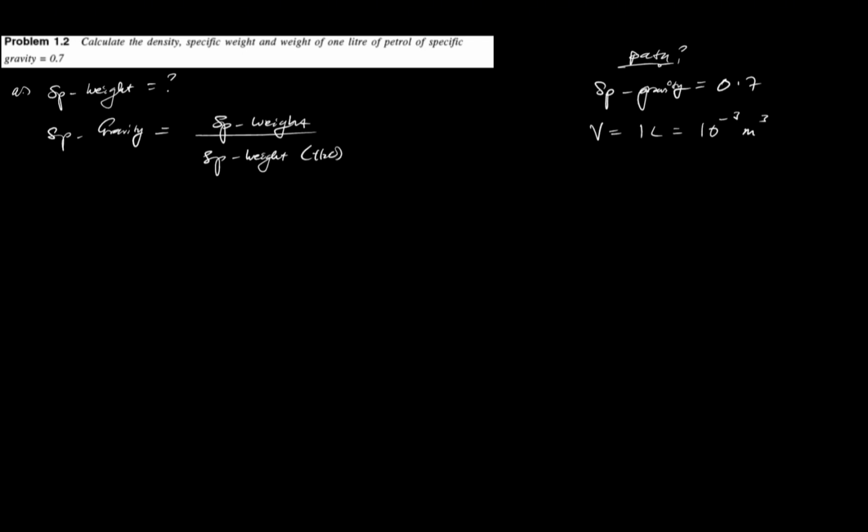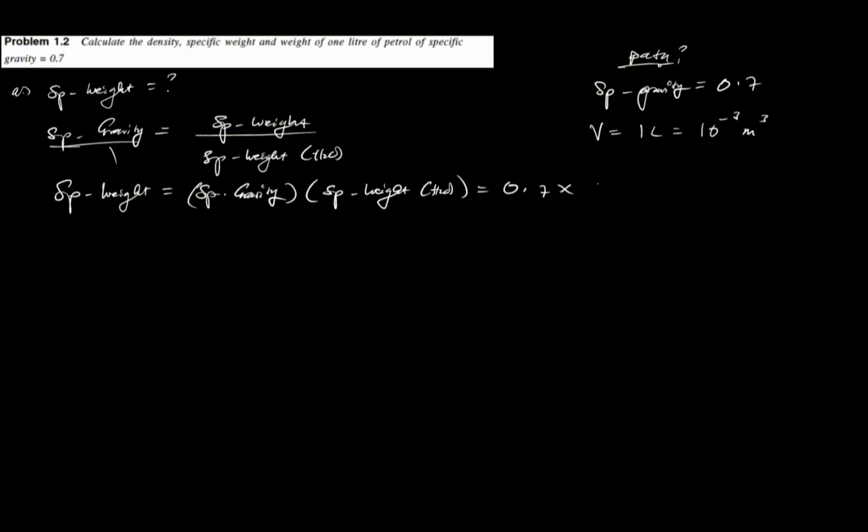Now, to find the specific weight, all we have to do is cross multiply, and you have the specific weight being equal to the specific gravity of petrol multiplied by the specific weight of water. This gives us 0.7 multiplied by 9810, which will give us a specific weight of about 6867 newtons per meter cubed.